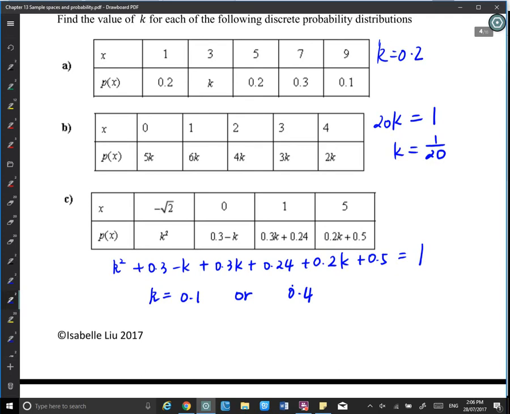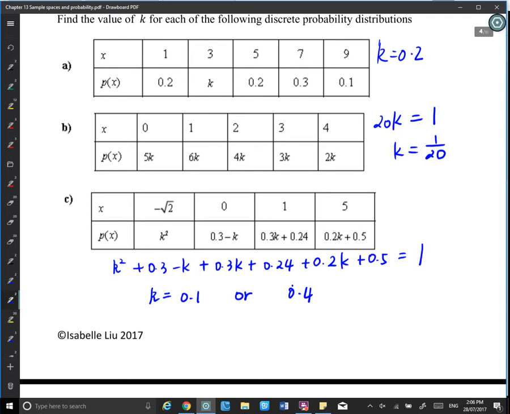Okay, let's substitute the value in. Sub 0.1 in. Okay, 0.1 is positive. That's positive, 0.27, that's fine. And the last one, 0.02 plus that is fine. Let's sub 0.4 in. K squared is fine. How about the second one? 0.3 minus 0.4 is minus 0.1.